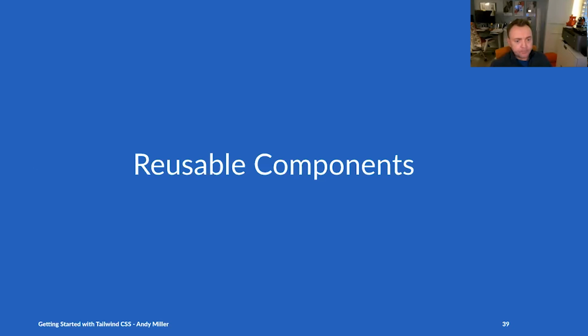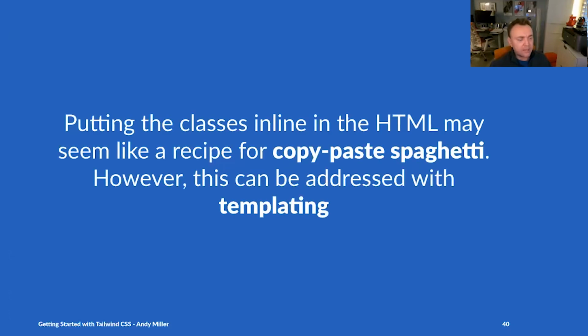The next thing I want to mention is about reusable components. So components are something that people that use templating languages are very familiar with. And basically what you do is you break up your HTML rendering into little chunks of templates, and then you just include those.